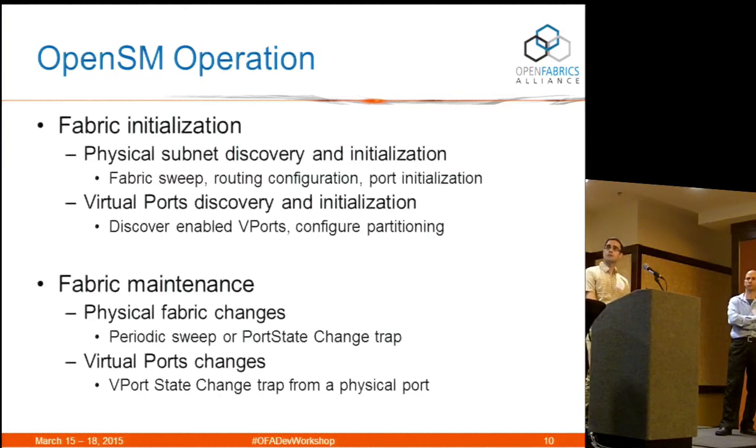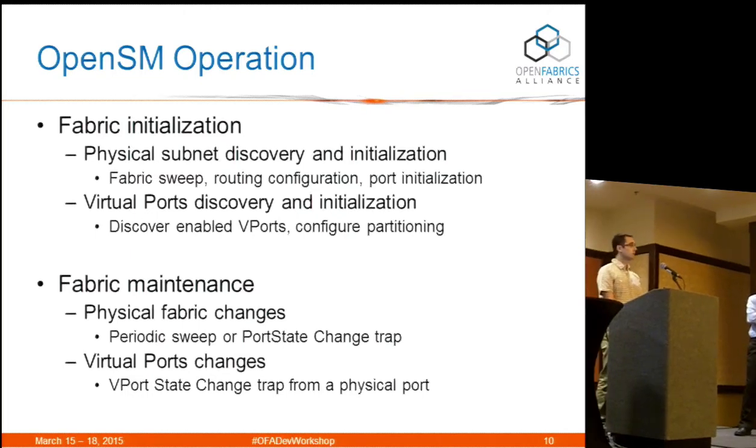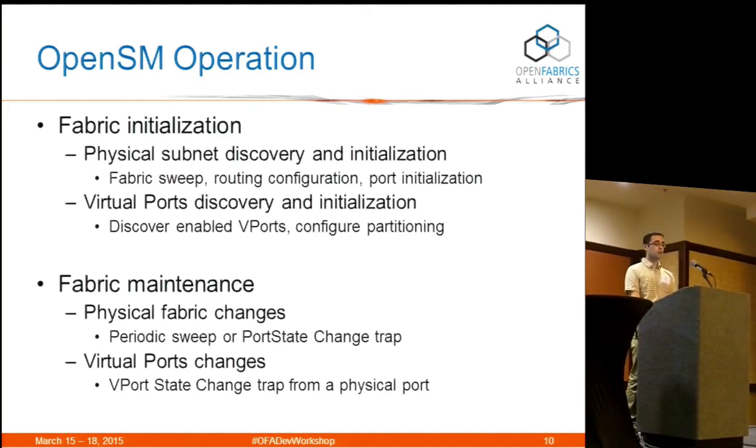During the first phase, OpenSM will do what it does right now: sweeps the fabric, discovers all the entities in the subnet with all their capabilities, configures LIDs, configures routing on the switches, and initializes the ports. At that point, it already should have the notion of which ports support virtualization and which do not. However, at this stage, it isn't aware of any virtual ports that are part of the fabric.